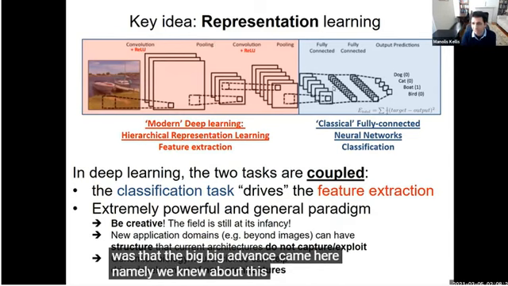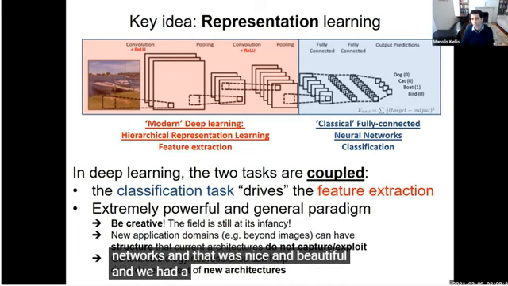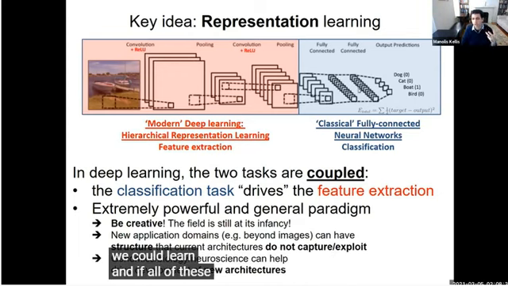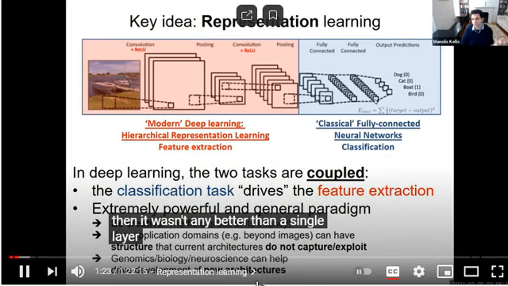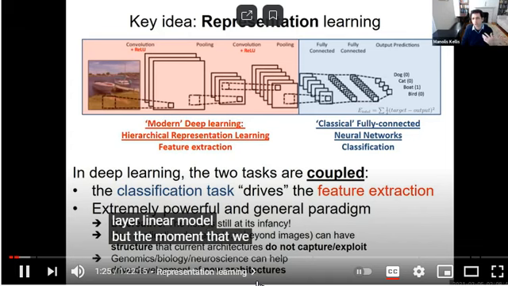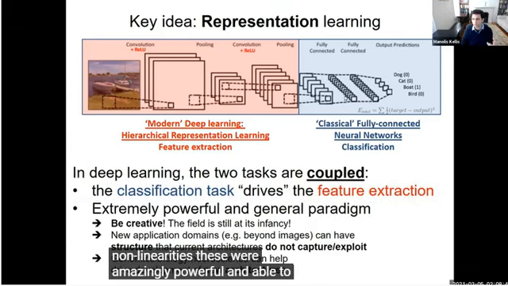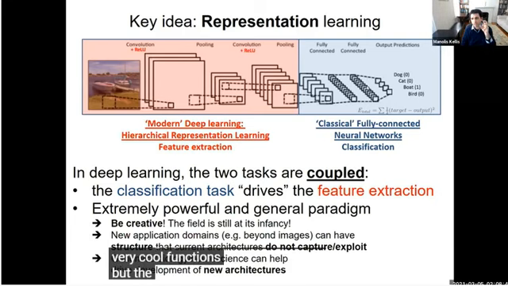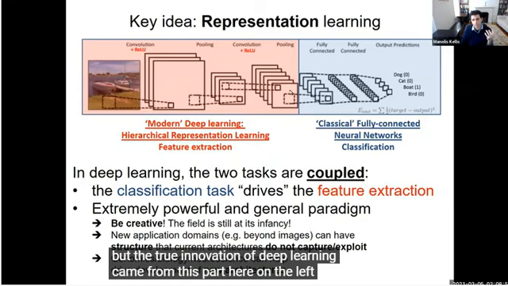Namely, we knew about this since the 60s. We knew about fully connected networks, and that was nice and beautiful, and we had a gazillion parameters that we could learn. And if all of these were fully linear, then it wasn't any better than a single layer linear model. But the moment that we introduced nonlinearities, these were amazingly powerful and able to learn very cool functions. But the true innovation of deep learning came from this part here on the left.